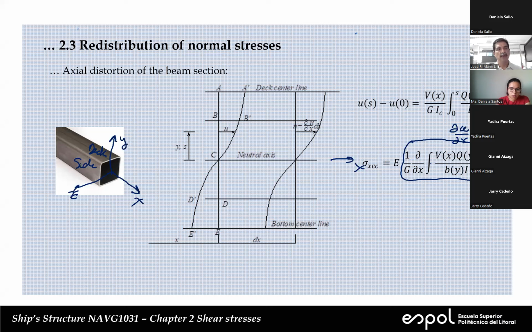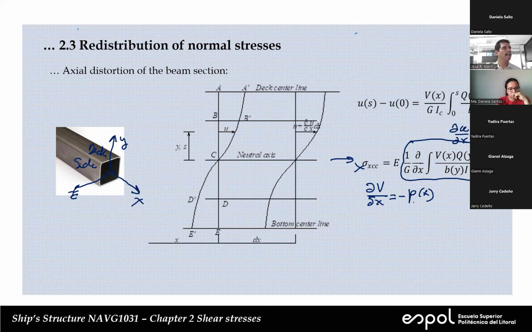Exactly. dV dx is equal to what? Minus the load, yes, the loading. And from where do you get this expression?